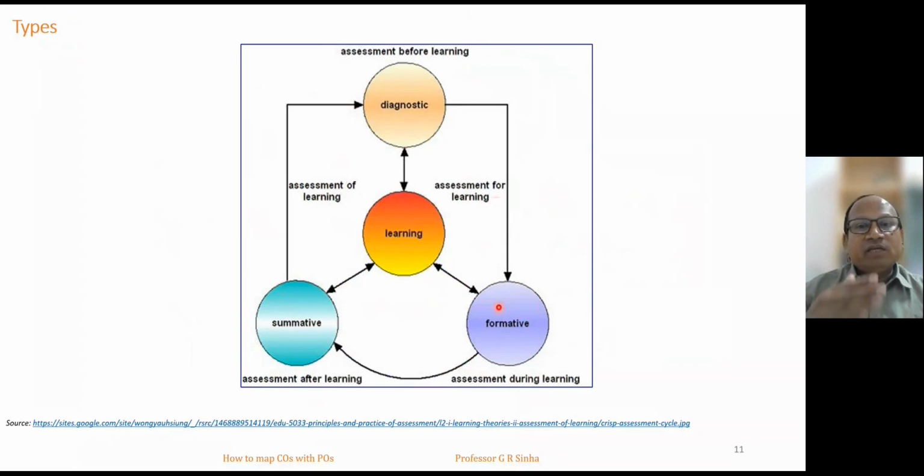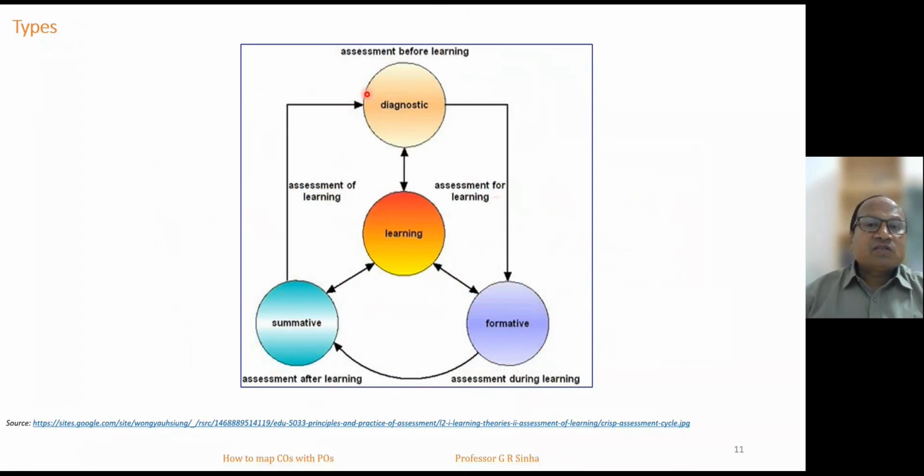So every 10 or 15 days we can evaluate whether the student is able to achieve to some extent the objective which we have written and the outcome which we anticipated, and then remedial measures can also be taken, and therefore formative assessment is very important.